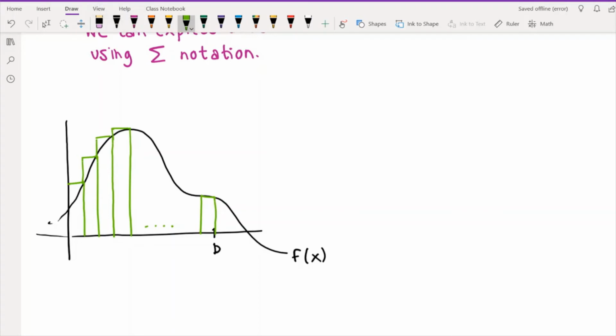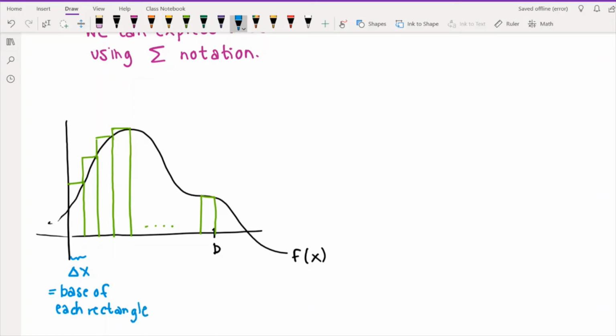So looking at this picture, the width of each of these rectangles, we can call that delta x. Okay, so delta x is the width, or maybe let me say it as base, because that's the word we often use when we're taking the area of a rectangle. So the base of each rectangle. And why are we using the symbol delta?